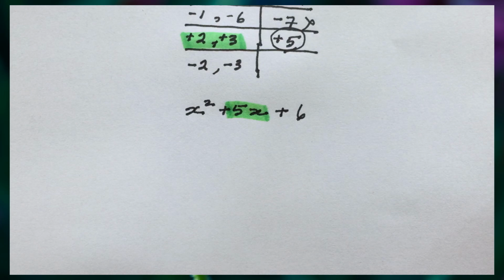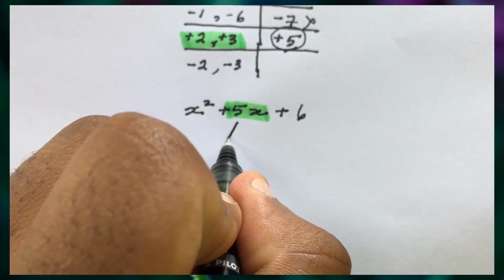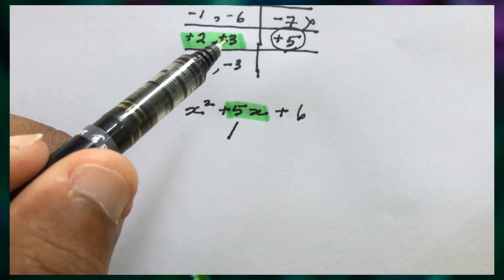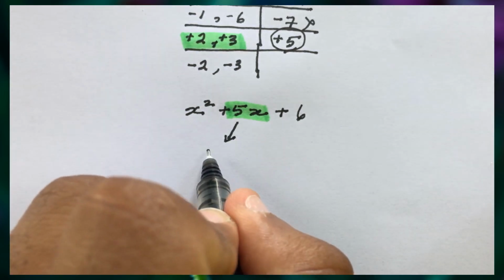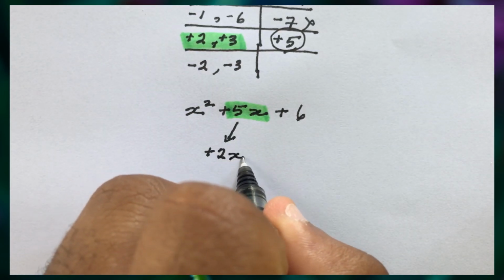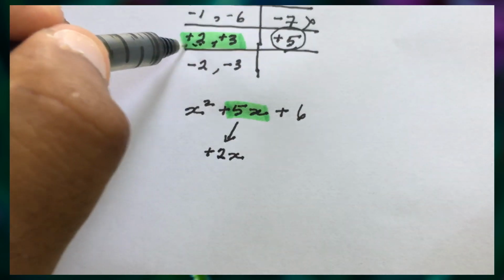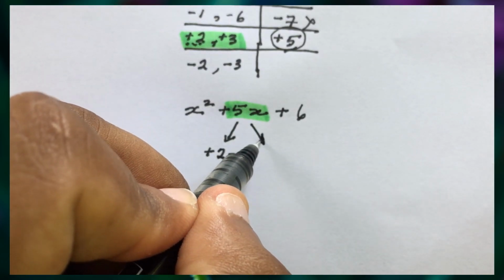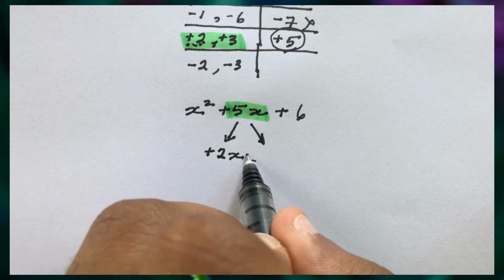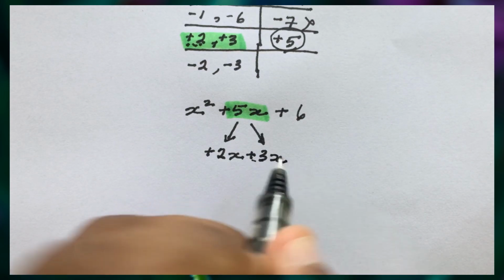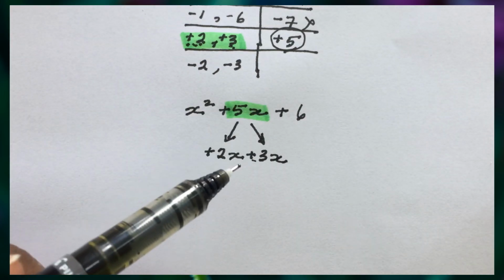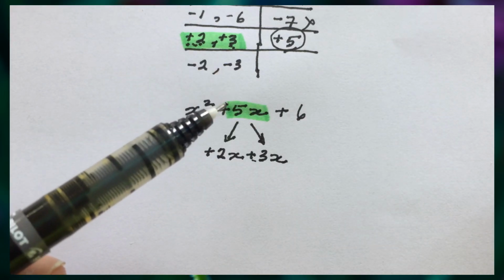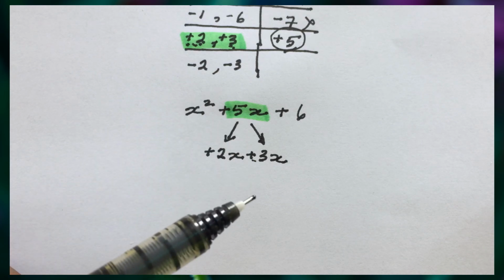I'm going to break that b term out into the keys. Notice that the key was a positive 2 and a positive 3. I'm going to break this 5x into a positive 2x to represent this, as well as a positive 3x to represent this. So this is what I use the keys to do. I use the keys to open up the quadratic expression.